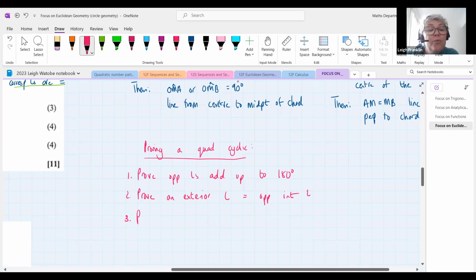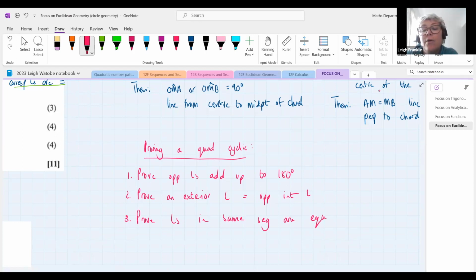Okay, you can prove angles in the same segment are equal. Good. So you guys do know how to do this. Brilliant. So we've got those three options. Either we have to prove that the opposite angles add up to 180, or we have to prove there's an exterior angle which would be equal to an opposite interior angle, or we could prove angles in the same segment.